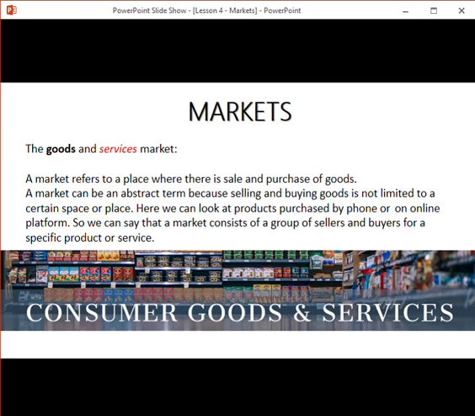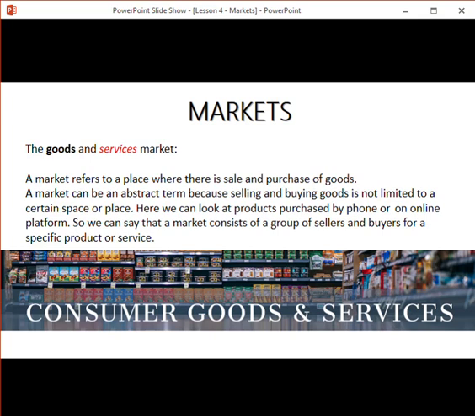So it's not a certain space or a place. It's not limited. As we said in the example, the buying and selling can be over a long distance. You don't have to go to Checkers in order to buy a product there. You can buy it online. So for example, you will look at products purchased by phone or online platform.